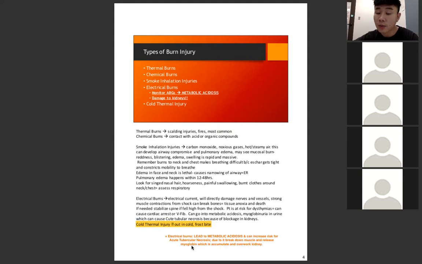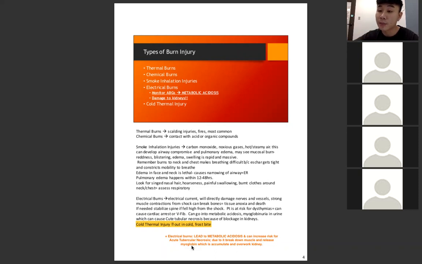Whenever the electrical current from the electrical injury or burns damages the body, the muscle is being broken down, which can release a substance called myoglobin. And this myoglobin is very acidic, which can lead to metabolic acidosis in the body.